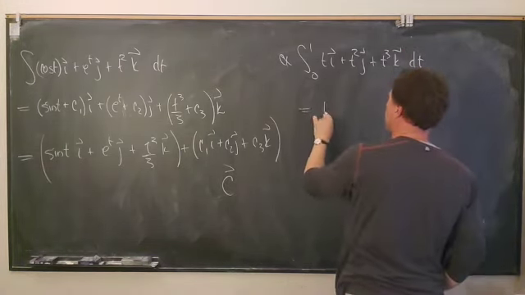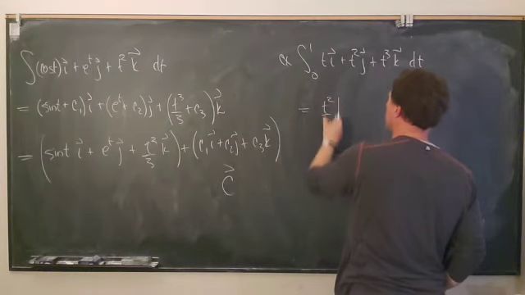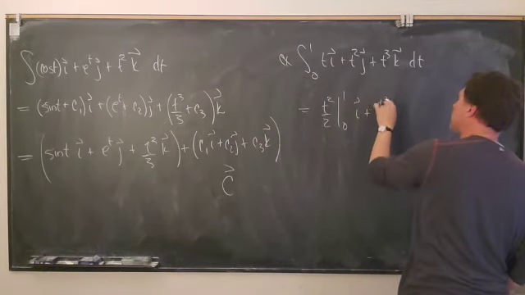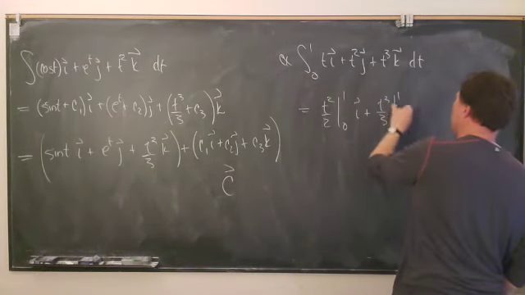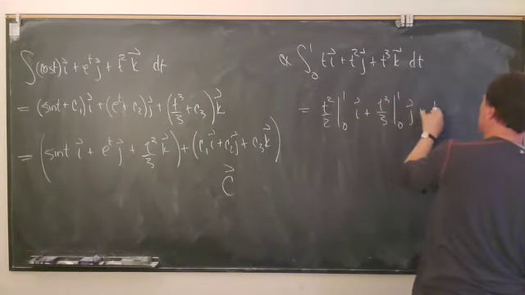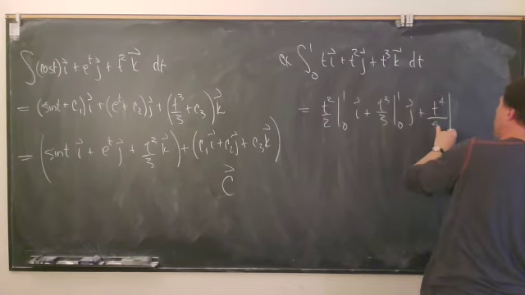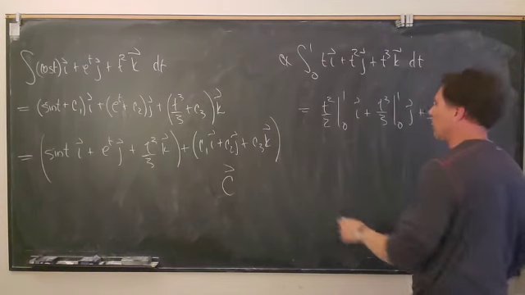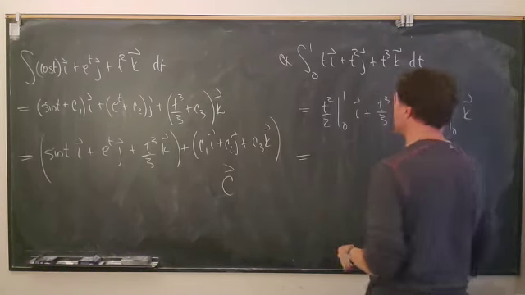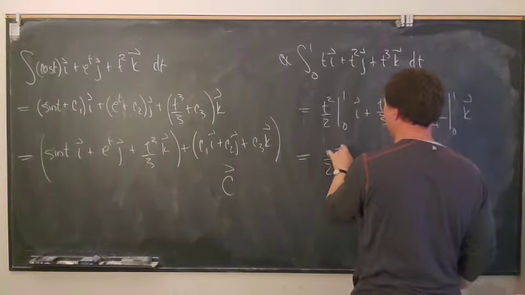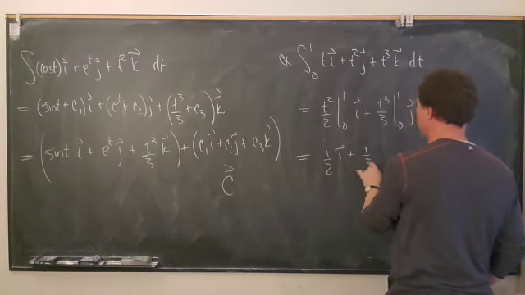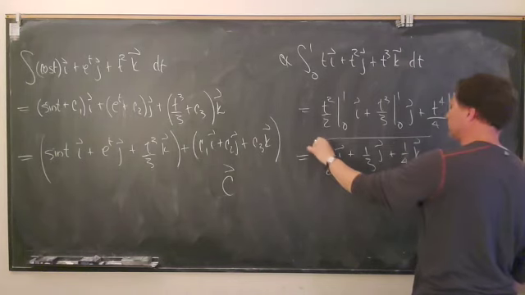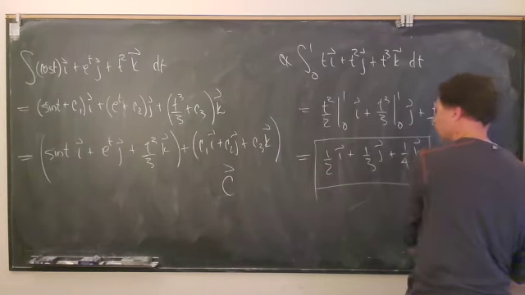All right, so that's going to be t squared over 2 from 0 to 1 i plus t cubed over 3 from 0 to 1 j plus t to the 4th over 4, 0 to 1 k. Plug in the limits of integration now, and what we get is 1/2 i plus 1/3 j plus 1/4 k.